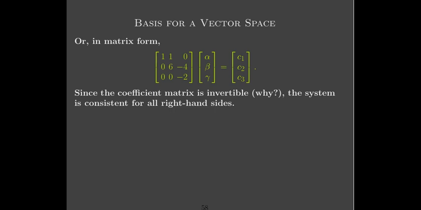And since it's invertible, one of our conditions for invertibility is that if you have a linear system with an invertible coefficient matrix, it is consistent for all right-hand sides. That means it doesn't matter what C1, C2, and C3 are. I will always be able to find an alpha, beta, and gamma in order to make our system of equations consistent.